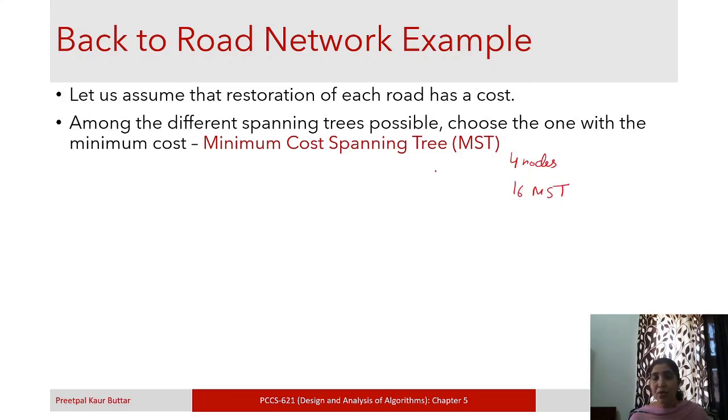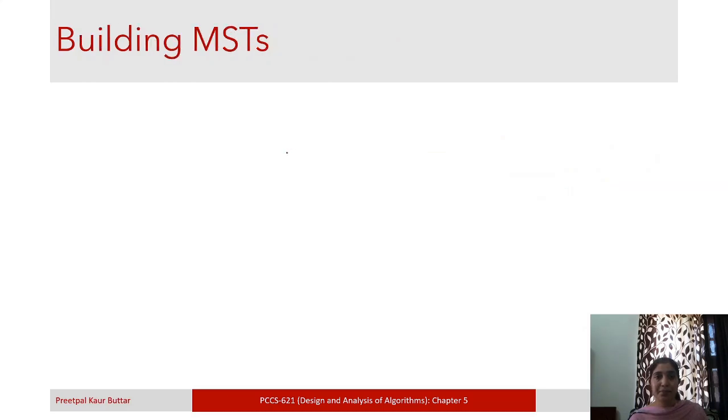But now assume that the edges in this graph have a weight. Now among the different spanning trees which are possible, we will choose the one which has the minimum cost, and that is called the minimum cost spanning tree, right?